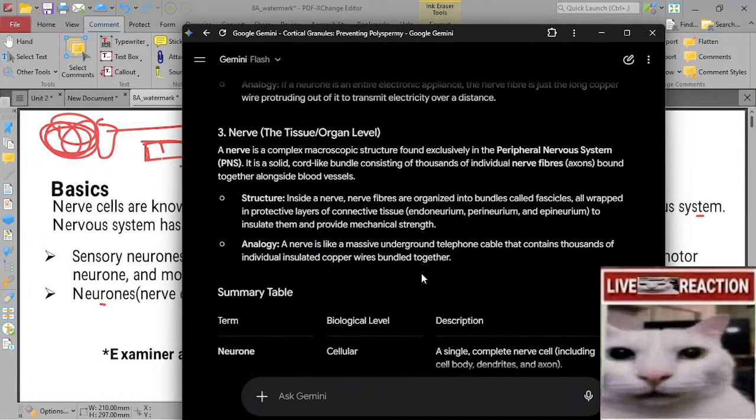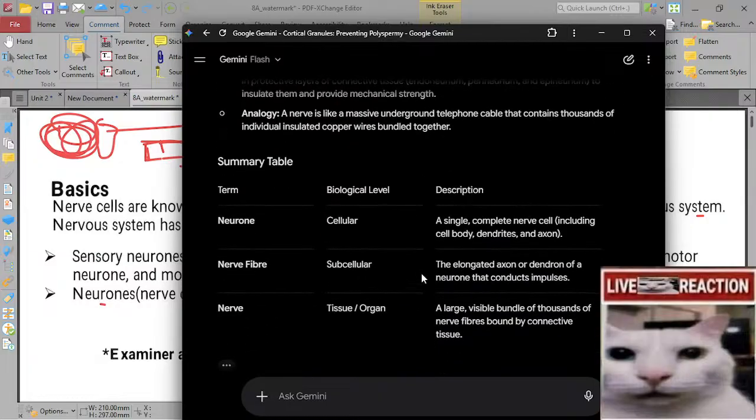A nerve is like a massive underground telephone cable containing thousands of individual insulated copper wires bound together. I'm still a bit lost on the terms here.